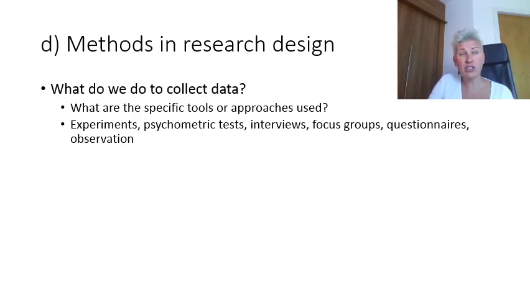We might use questionnaires, and they can be qualitative or quantitative in terms of the data that they would generate. We may use observation. These are the particular methods, and it's important to make sure that the methods that you choose evolve from a consideration of your ontology, your epistemology, and your methodology.